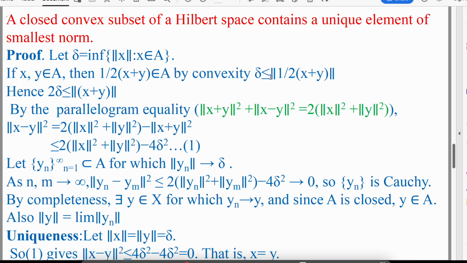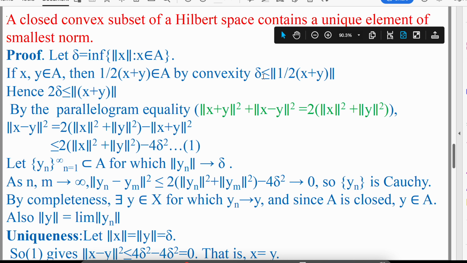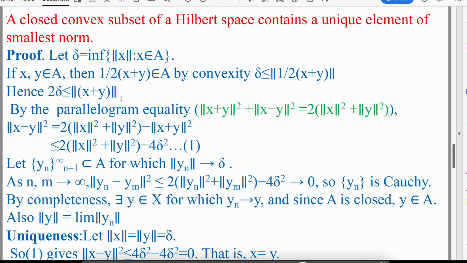So it means delta is less than or equal to norm of half x plus y, or 2 delta is less than or equal to norm x plus y. So by the parallelogram equality, norm x minus y whole square is equal to 2 norm x square plus norm y square minus norm x plus y whole square.